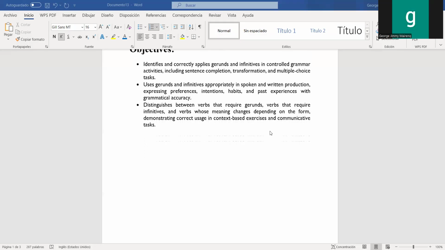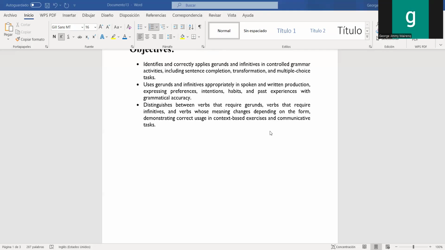So, when you understand when to use a gerund, I mean, when we use the ing form, and when to use an infinitive, remember that the infinitive has two forms. The first one uses the particle to, and the second one is without the particle to, just the base form of the verb. This is going to help you improve your speaking, writing, and overall fluency.